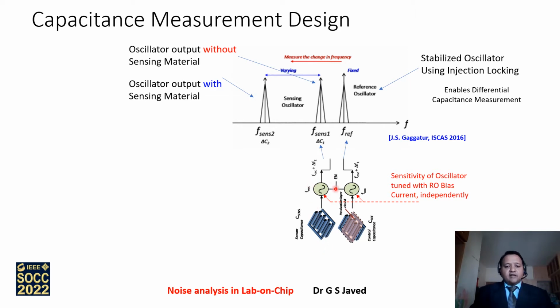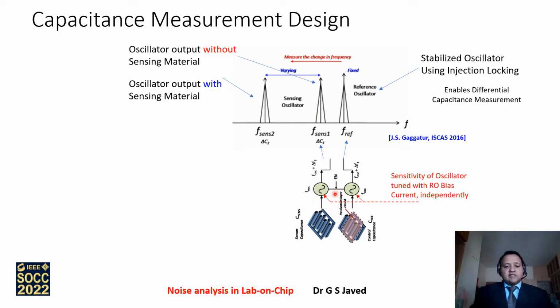The ring oscillator has a set bias with which you can tune the sensitivity of the RO. In this case, it is using current dependency, and as you increase the current, the sensitivity of the oscillator increases, albeit the noise also increases with that. So there is a trade-off between the best natural frequency and how much sensitivity can be maintained.